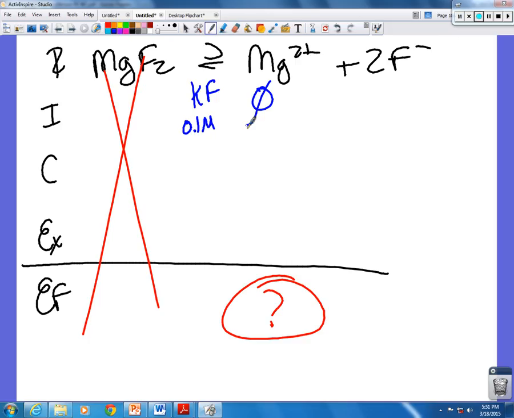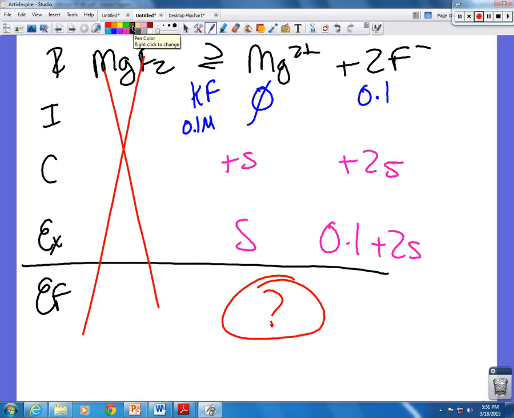But what is the fluoride ion concentration initially? Okay, 0.1. So we've got plus S, plus 2S. So we've got S and 0.1 plus 2S. What do we know? It's negligible, right? Yep.